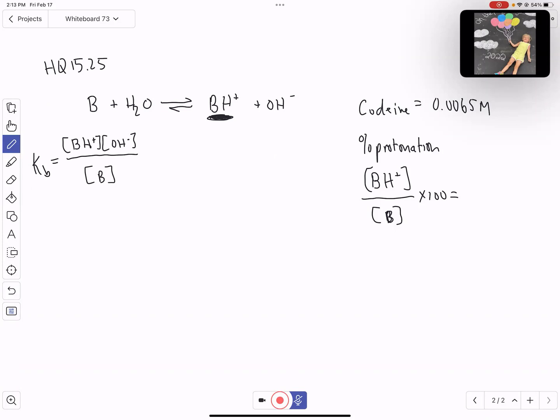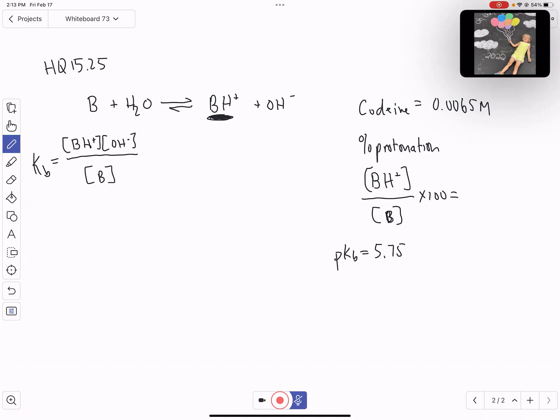And they made this a little bit harder as well, because instead of giving you Kb, they gave us pKb. They tell us that the pKb equals 5.75. I don't need the pKb, I need Kb for that expression, so I can find the concentration of the conjugate acid, BH plus, and hydroxide.